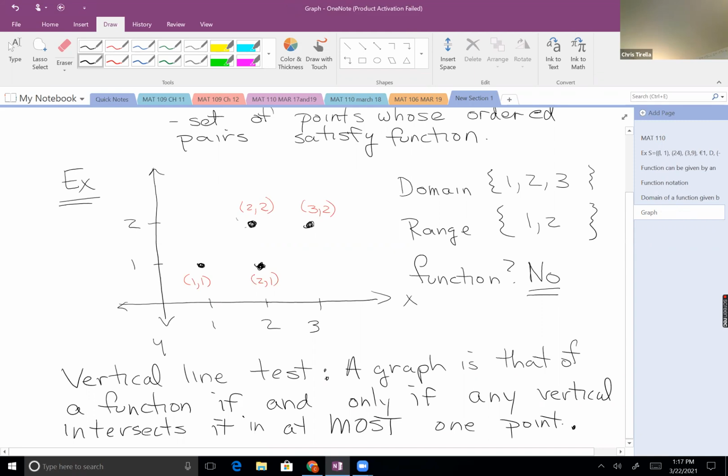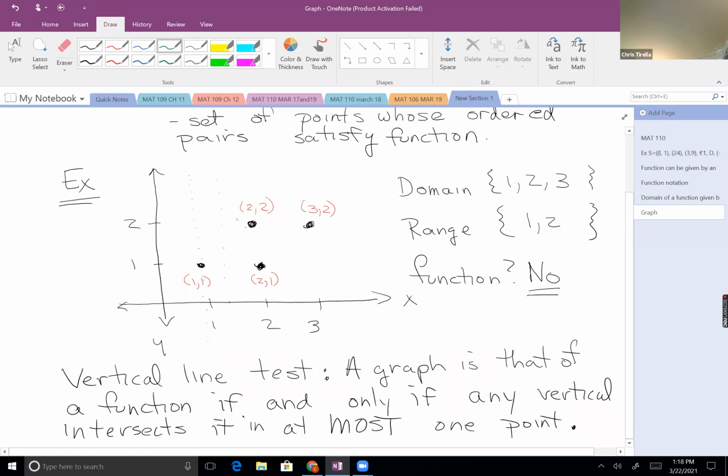So if I look at that graph that we just drew, if I picture a vertical line, let's make the vertical line green. Over here, my vertical line would pass, I'm only hitting one point.